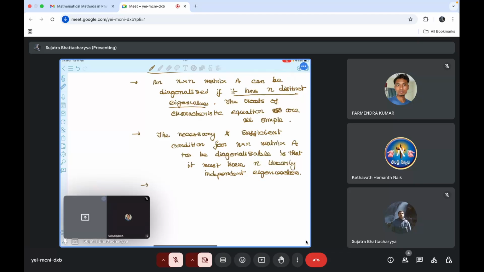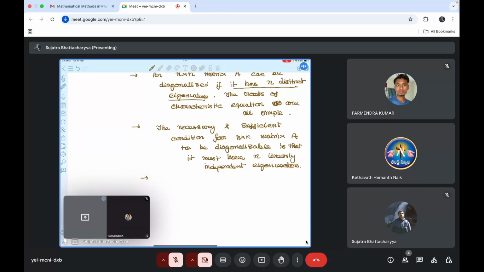Third, another necessary and sufficient condition is that a matrix A, which is n by n, can be diagonalized by a unitary matrix if your A is normal.